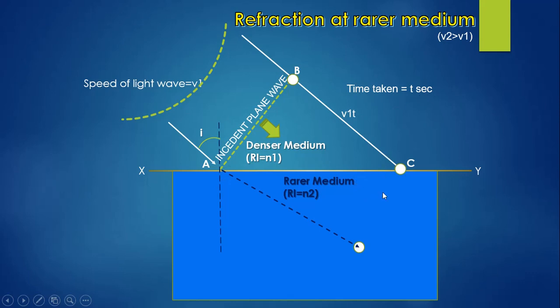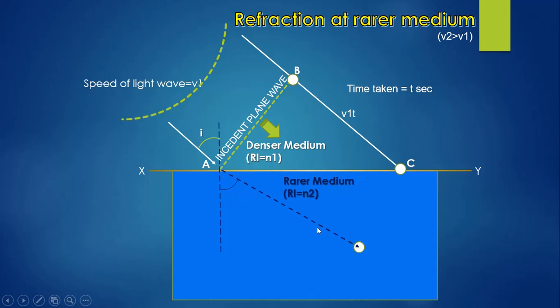We have to assume that once it enters into the rarer medium, its speed will be v2. In the denser medium, its speed is v1. In the rarer medium, the speed of the incident plane wave is v2. So by multiplying this speed and time, you get the distance covered in the rarer medium. Before that, I am marking the angle of refraction.